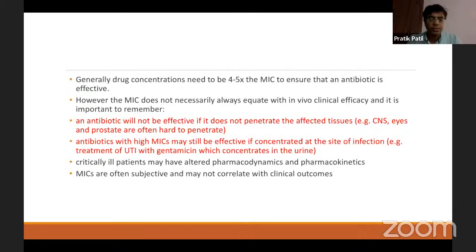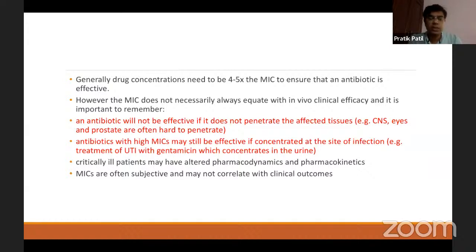In principle, generally the drug concentrations need to be 4 to 5 times the MIC value to ensure that the antibiotic is effective. However, MIC does not necessarily equate with in vivo clinical efficacy, and it is important to remember that an antibiotic will not be effective if it does not penetrate the affected tissues.